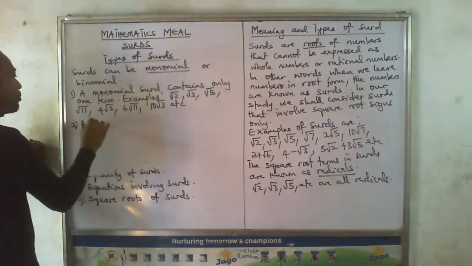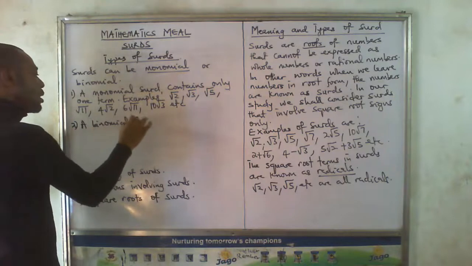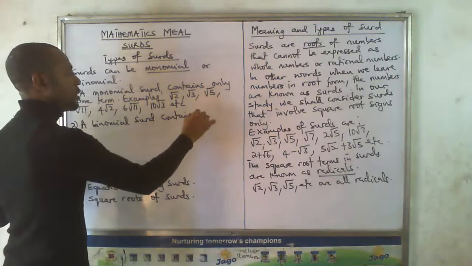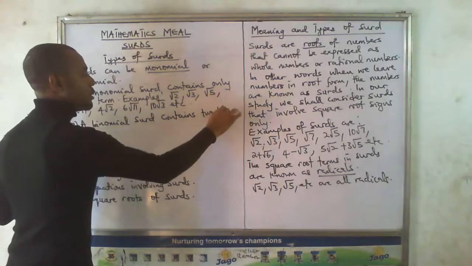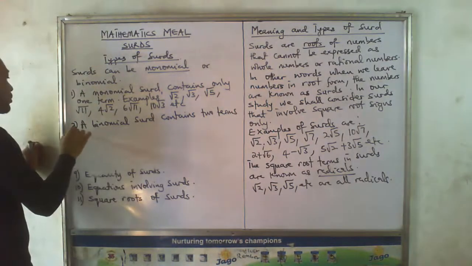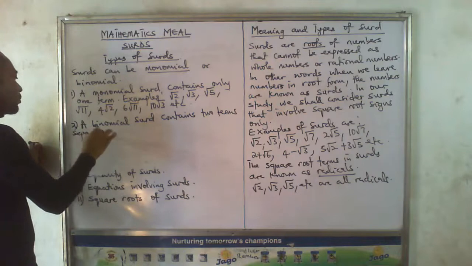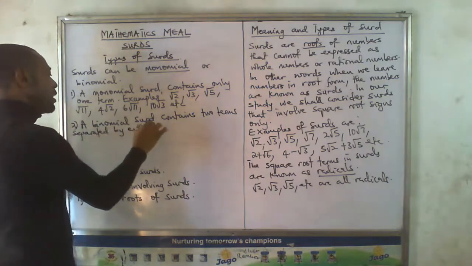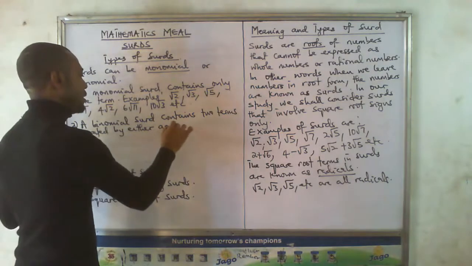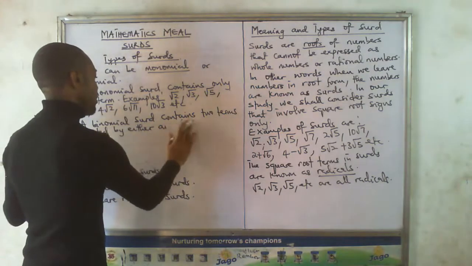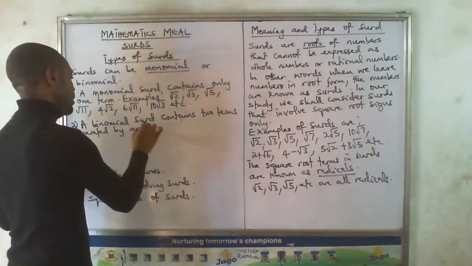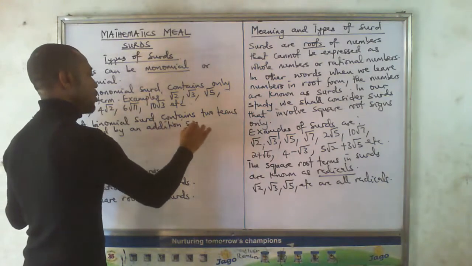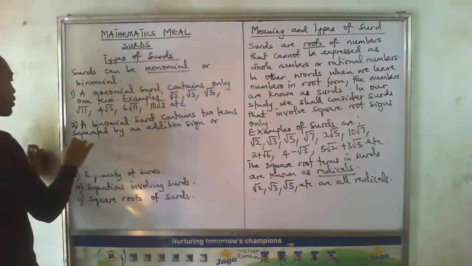A binomial surd contains two terms separated by either an addition sign or subtraction sign.